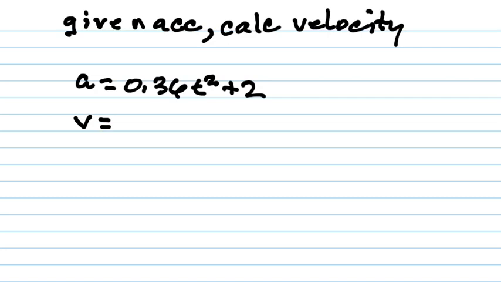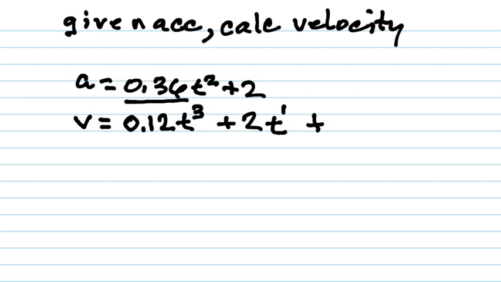So that's a square, so it's going to become t to the third. And I have to divide the 0.36 by 3, which is going to be a what, guys? 0.12. Good job. That 2 doesn't have a t in it, so that's just going to become t to the 1. And positive 2 divided by 1 is positive 2. And then plus what? C.